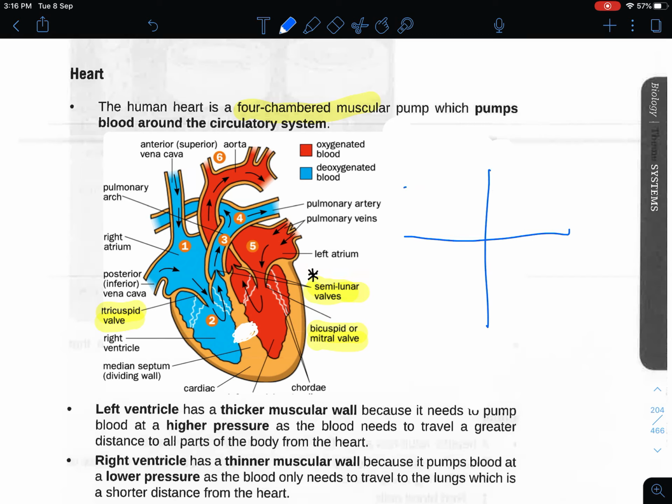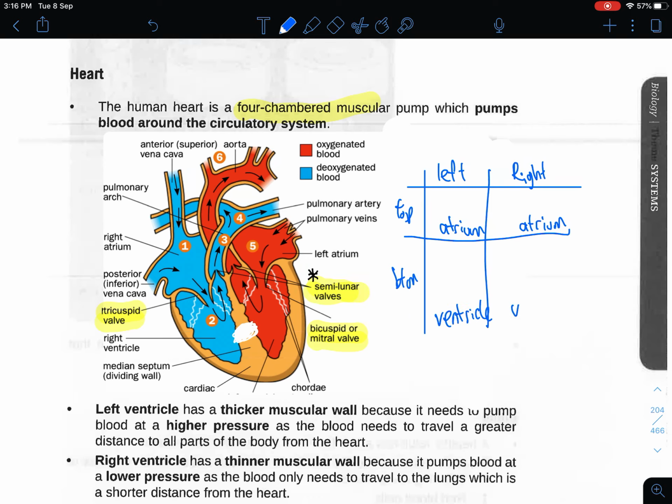So if I were to draw something like this, where this is the top part, this is the bottom part of the heart, then you have the left side of the heart and the right side of the heart. At the top side of the heart, we usually call it the atrium, and at the bottom we call it the ventricle.